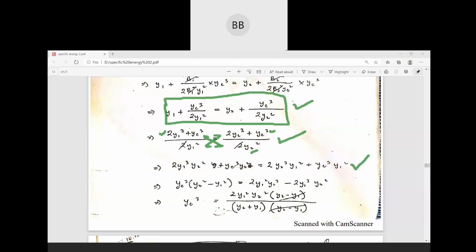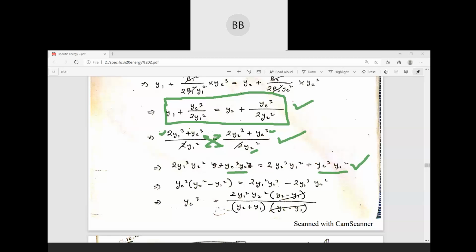After this we are going to bring the yc, because we need to find an expression for yc cube. So we are going to bring yc cube to the left hand side. Here you see yc cube y2 square, and we have another term with yc cube.